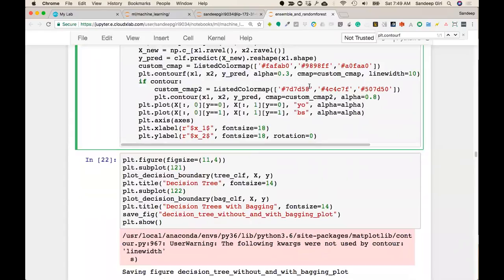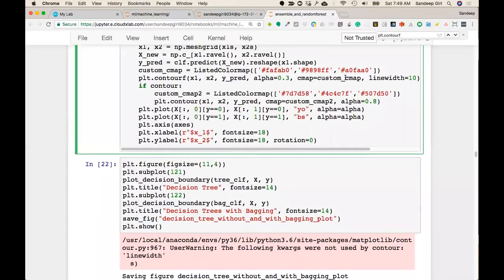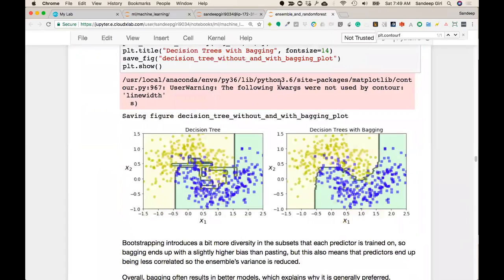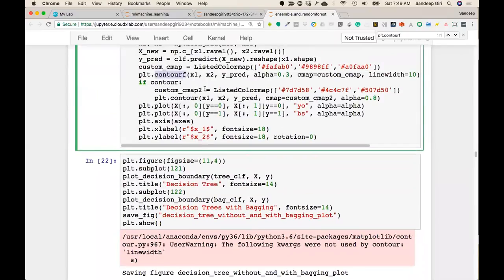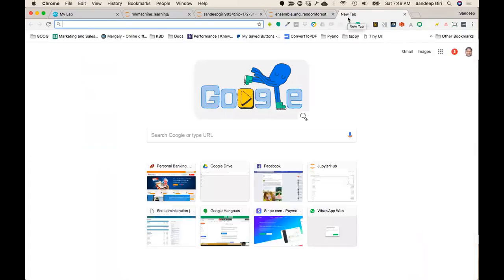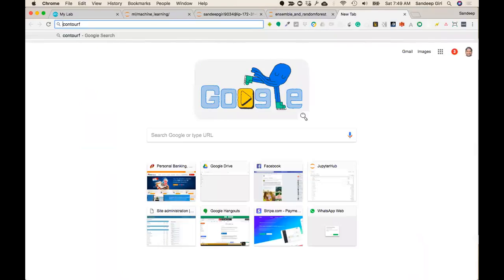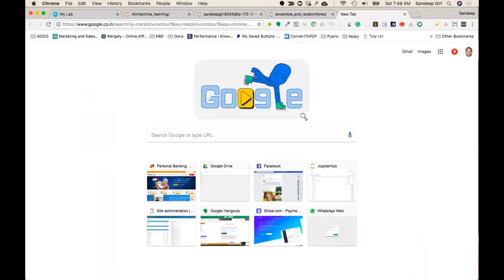Okay, and then we are giving it the color map, and then we are letting it plot.